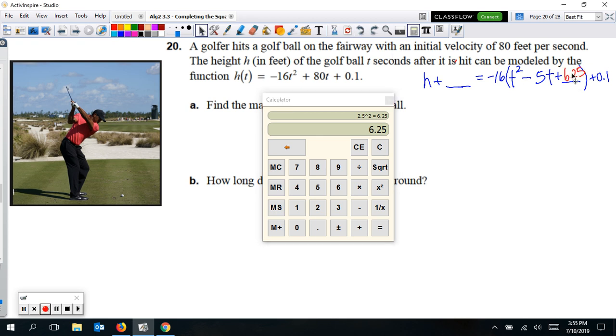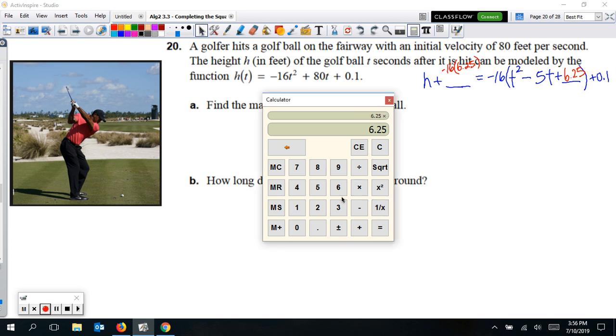Now, the difference is that we're not going to put 6.25 over here, because we have a negative 16 outside of this parenthesis with that 6.25 in it. So you have to distribute that negative 16 to the 6.25. You have to multiply negative 16 times 6.25.